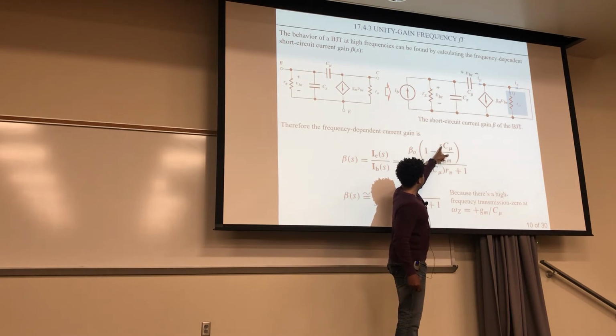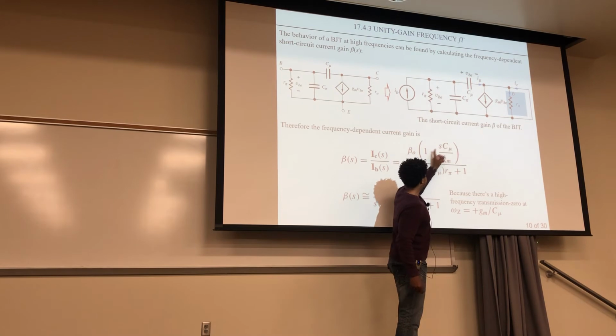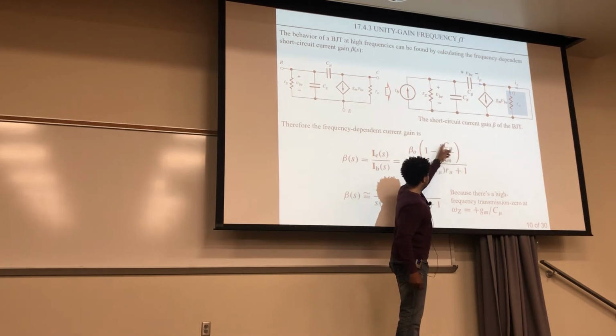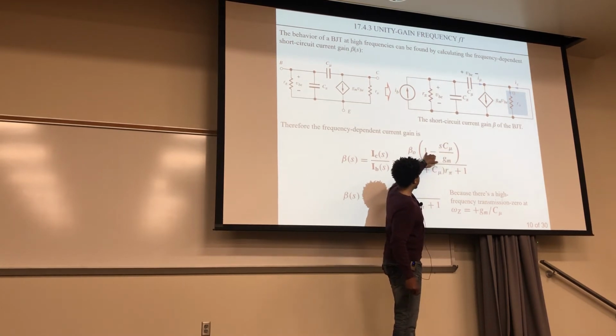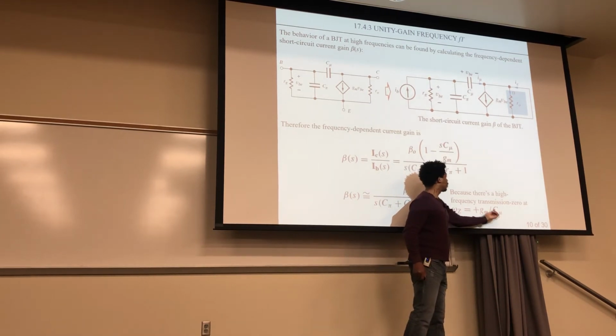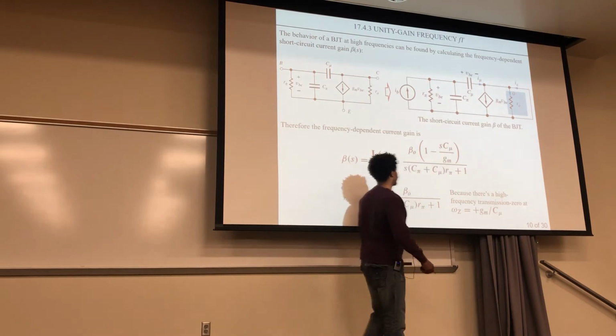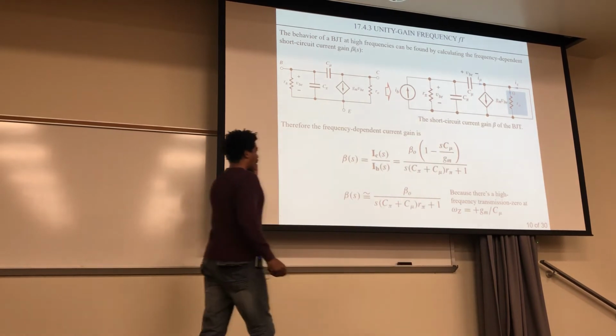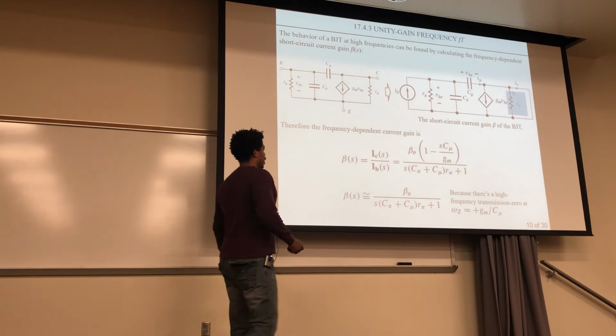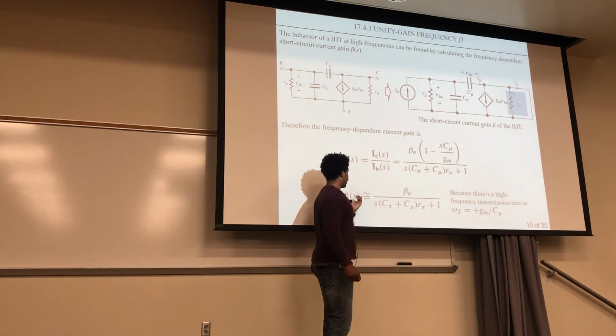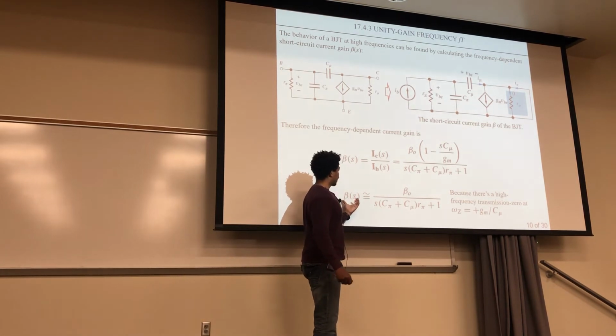So if the frequency here was gm over C mu, then this expression would become 1, and that's where you get your zero from. Okay, so because of that, they say you can say that this is approximately equal to this expression, where it's just this alone, and that's for very high frequencies.